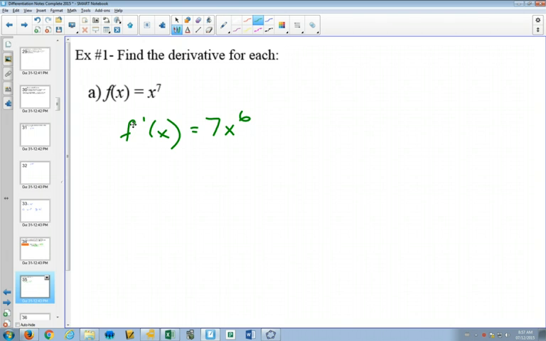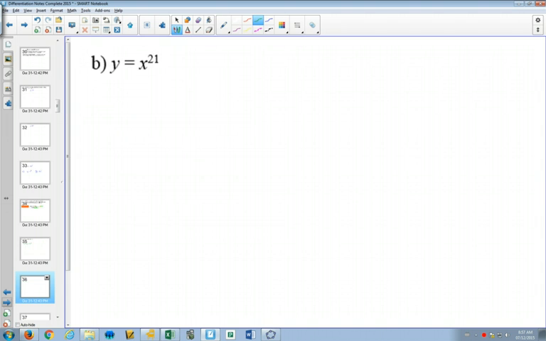Okay, I'll give you a 10-second head start, and you can do the next couple. When it's y equals, you can choose either y prime or dy dx as your notation. I will try to mix up notations just so you get used to all of them.